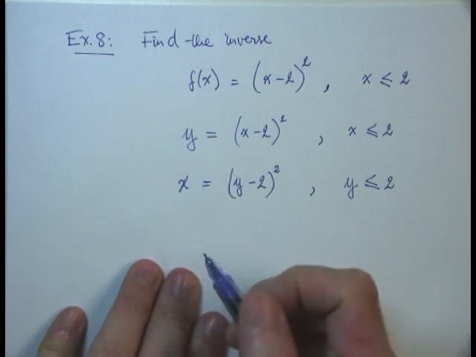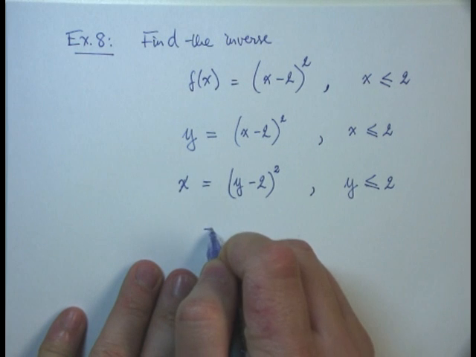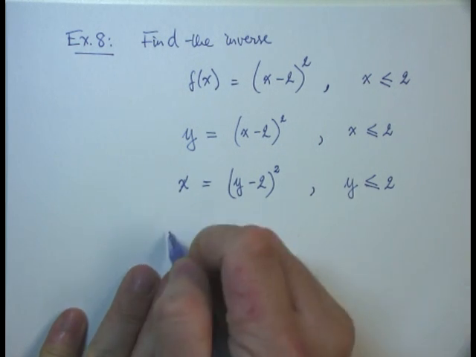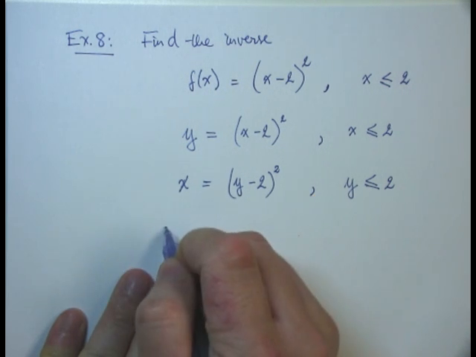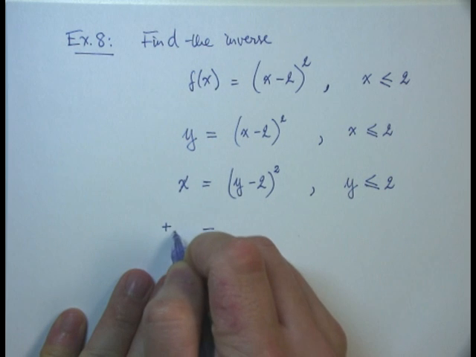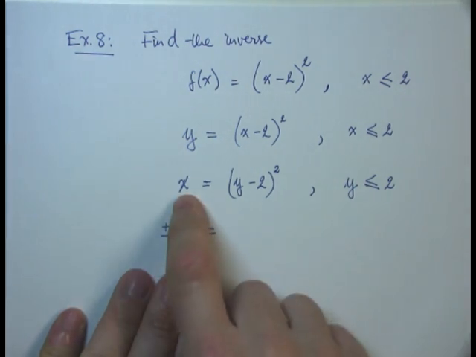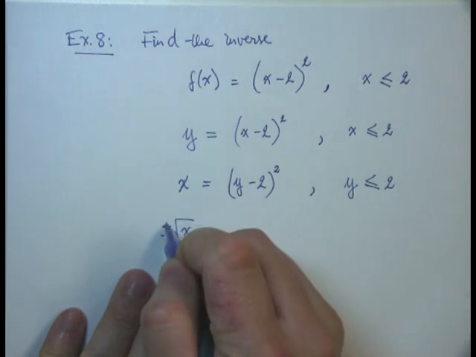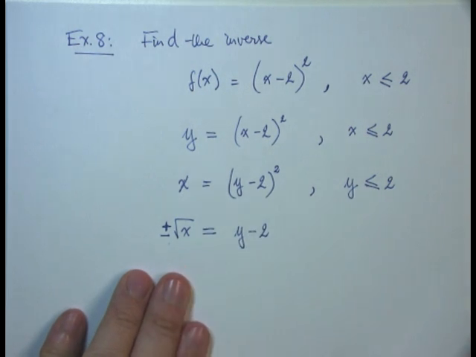Now, we need to solve for y. I'm going to take the square root of both sides to solve for y, using the square root property. So I'm going to encounter the square root of x, but with a plus and minus, because the square root always comes with two separate ones. And on the right-hand side, y - 2.